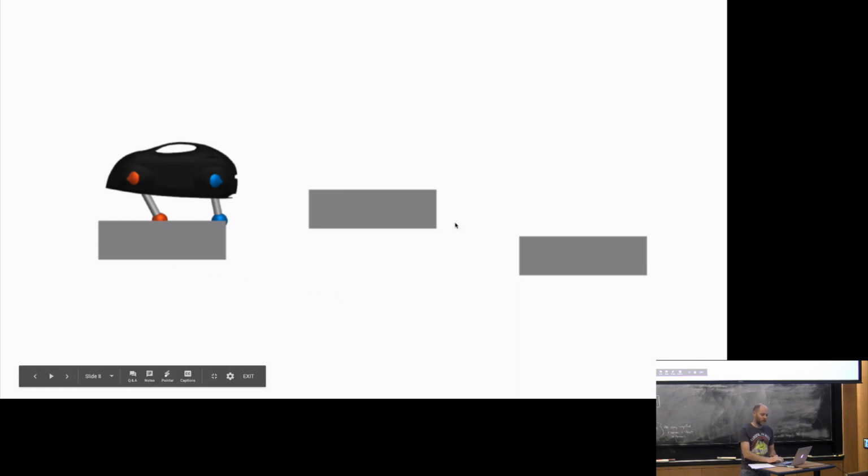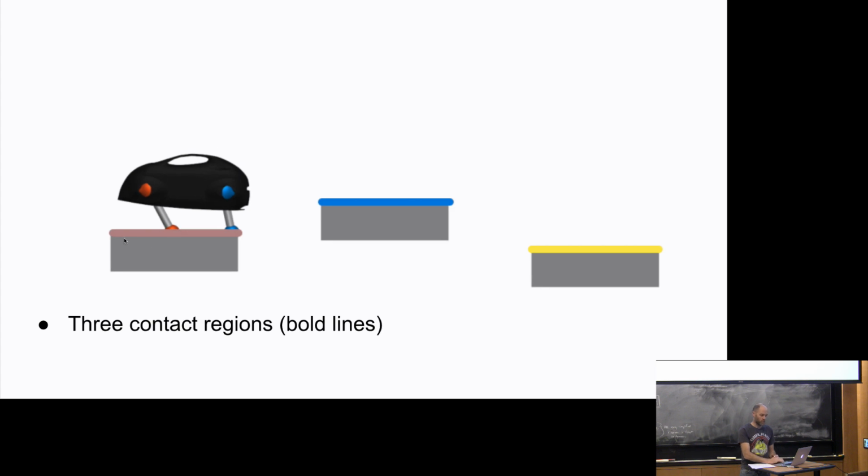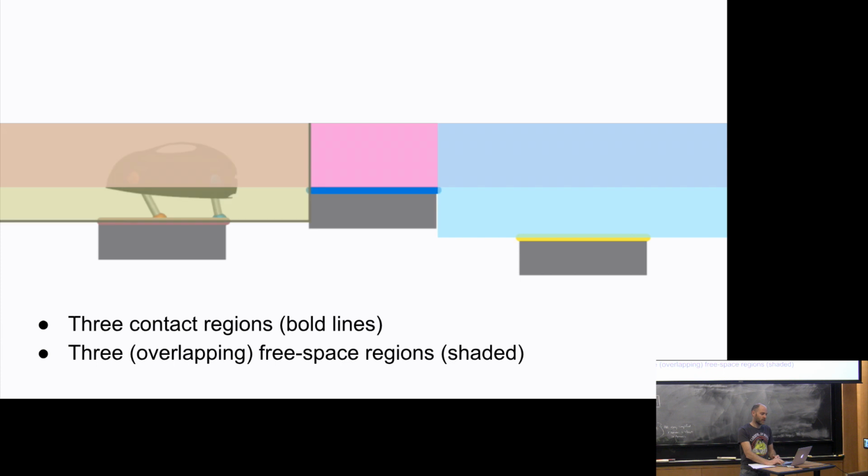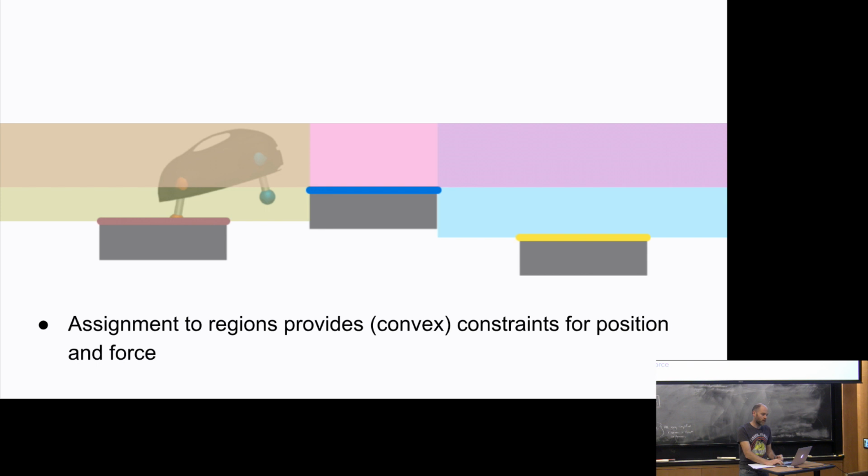Yeah, so if we want Little Dog to bound across the terrain, then we would have our perception system, or we would come up with some potential contact regions where a foot could be assigned to any one of those regions. Similarly, we have said that a foot could be assigned to the free space region, the region above the ground, and at every instant in time, each foot has to be assigned to one of those regions, either the contact region or the free space region, okay?